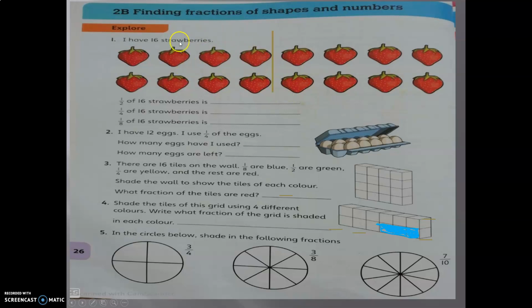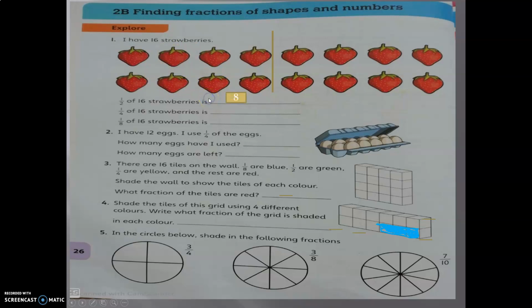Here, one part, and here, another part. So he is asking me, how many do you have in one out of the 2 parts? So how many do we have here to give the answer of half of the 16 strawberries?